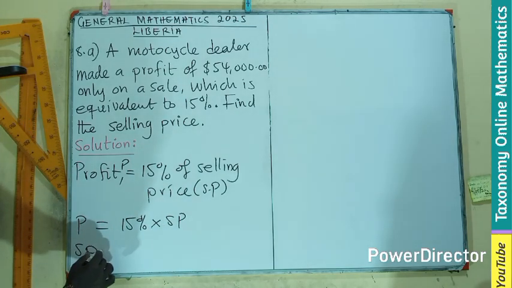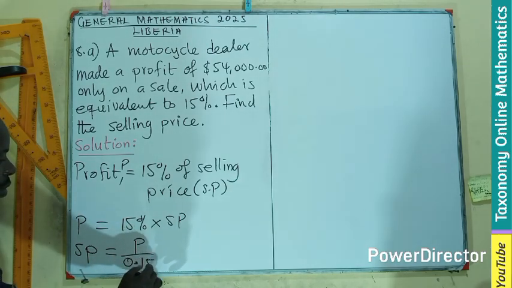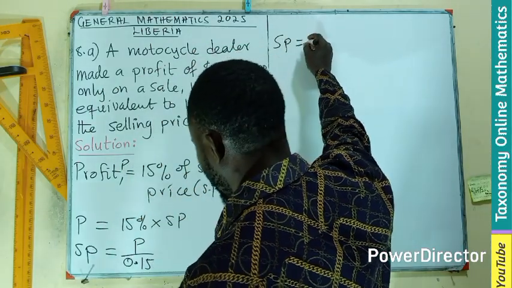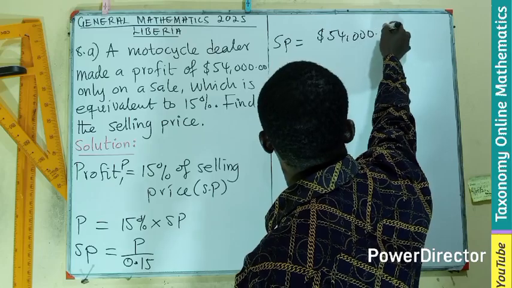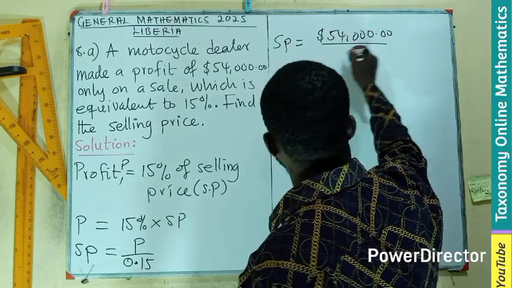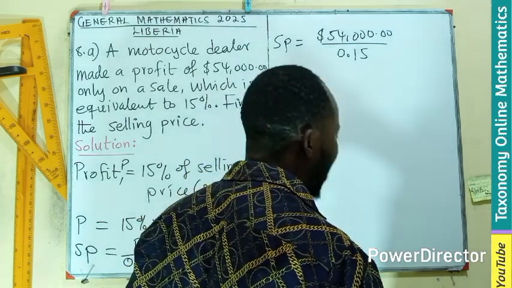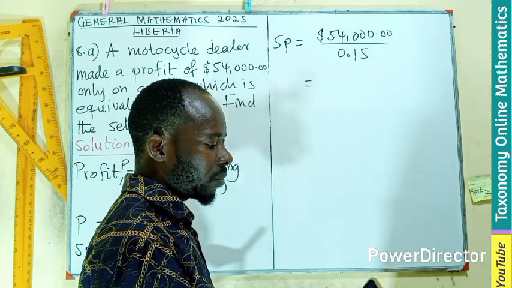Our selling price will be equal to the profit divided by 15%, which is 0.15. So the selling price is the profit of 54,000 divided by 0.15. Let's put that in our calculator and see the actual value we get.